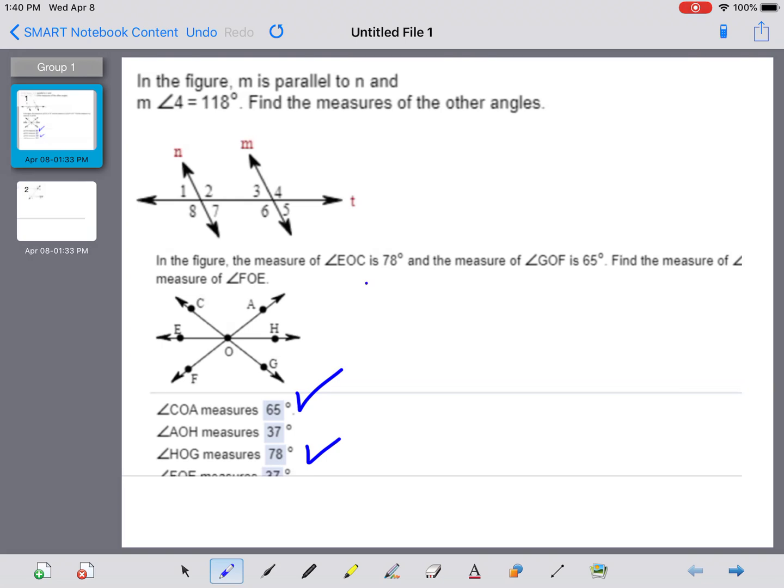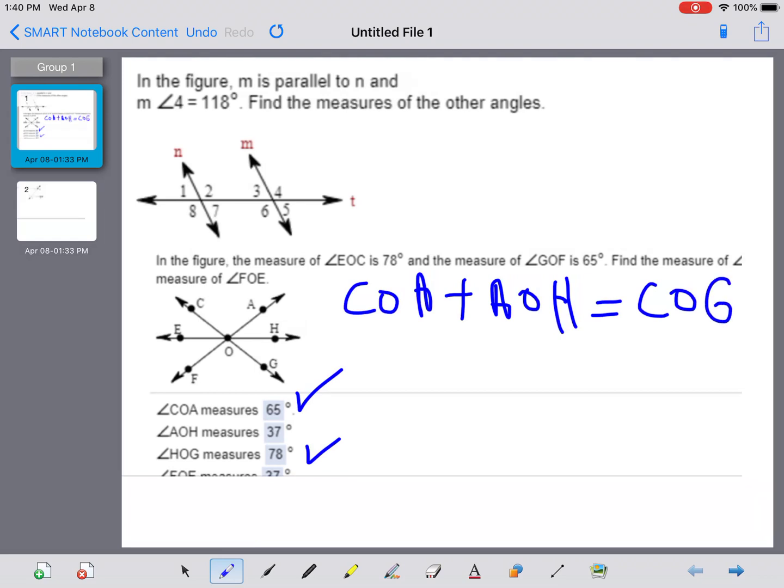Now COA plus AOH form a straight line COG. So we know the measure of COG is 180 degrees. And we just found COA is 65.